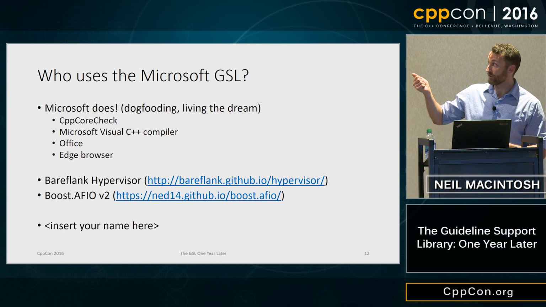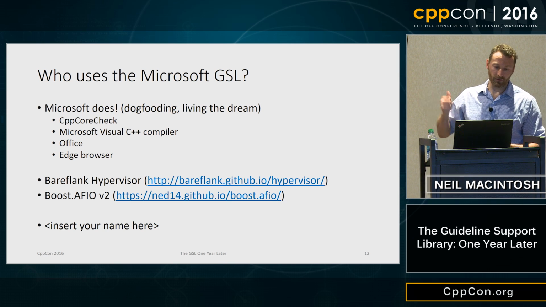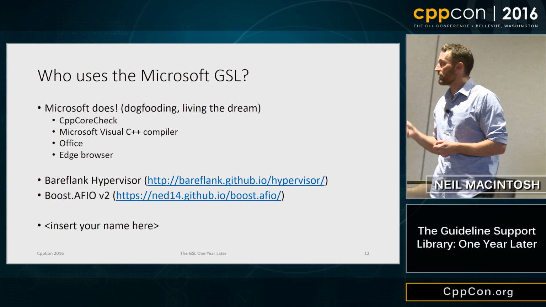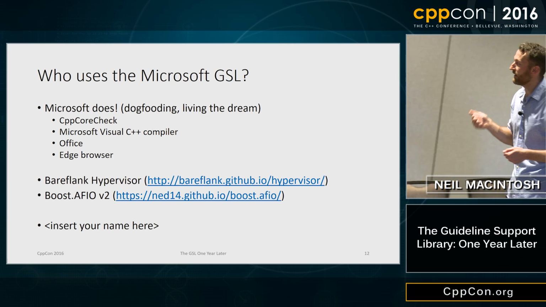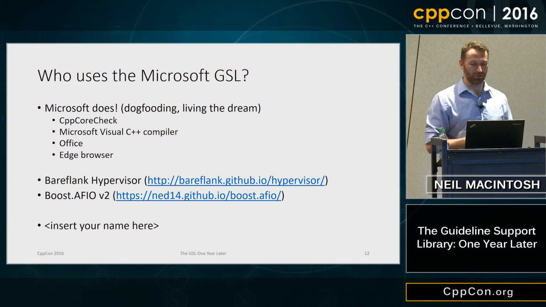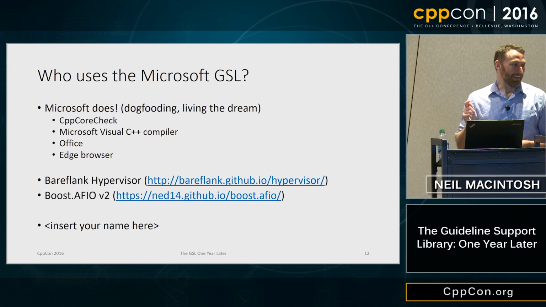There have been some great contributions and feedback that have come out of that usage, and the same for the Boost AFIO v2, with Neil Douglas working there. They use the GSL. In fact, I think his slide deck contains actual GSL span being used in the wild for you to see. There you go.